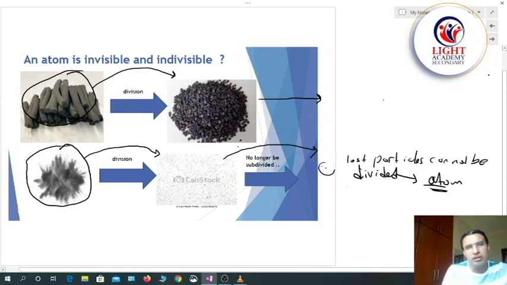Usually the students ask, sir, can we see an atom by using a microscope? A traditional microscope does not give us the proper answer. We can see animal cells and plant cells by using a traditional microscope. But recently the scientists could manage to see the locations of atoms.